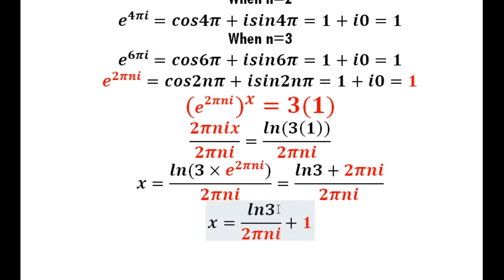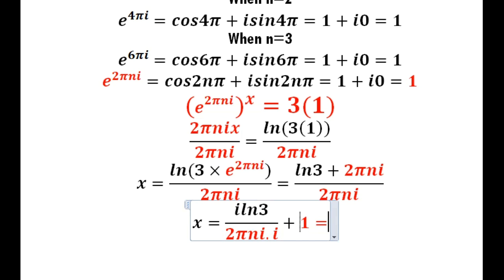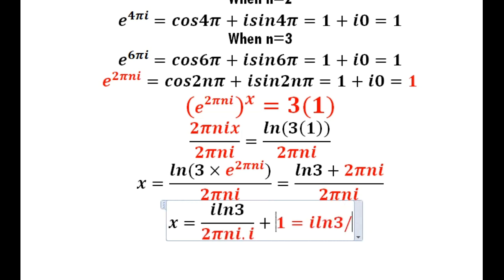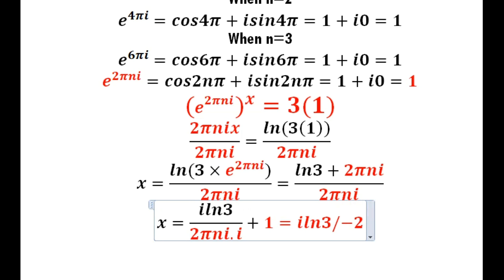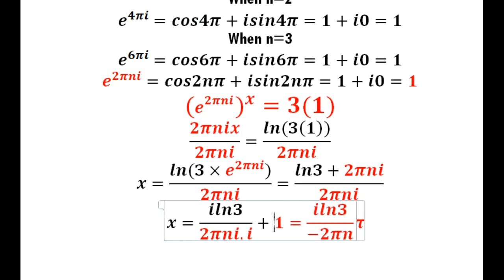If you multiply both numerator and denominator by i, ln of 3, then over, if you multiply by i. So what is i times i in the denominator? That will be equal to, in the numerator we have i ln of 3, over i times i, which is i squared. So that will be negative, so you'll have negative 2πn.